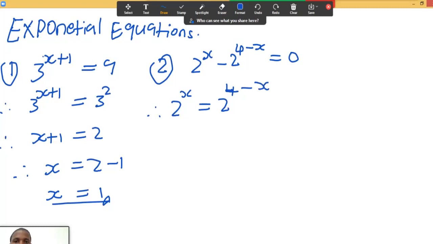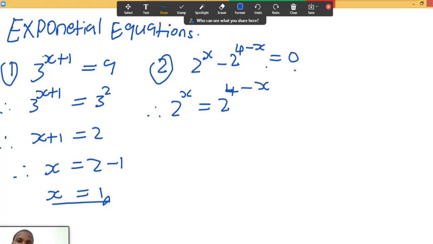Normally it's called transpose. Some people use the word transpose when you're taking a term from one side of the equal sign to the other side of your equal sign.